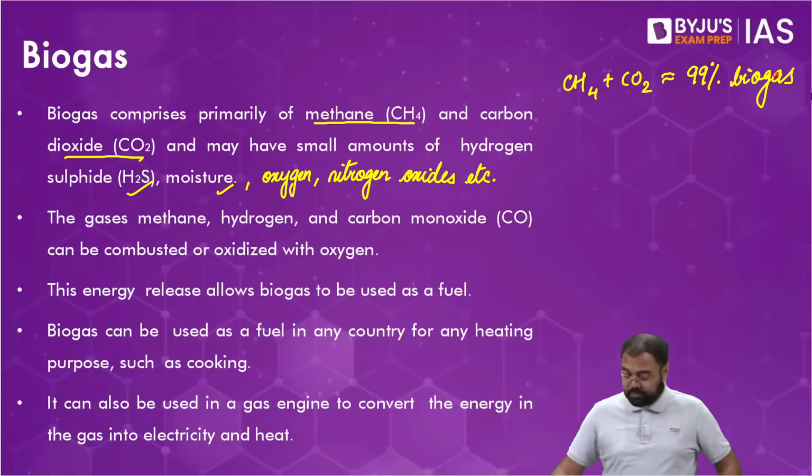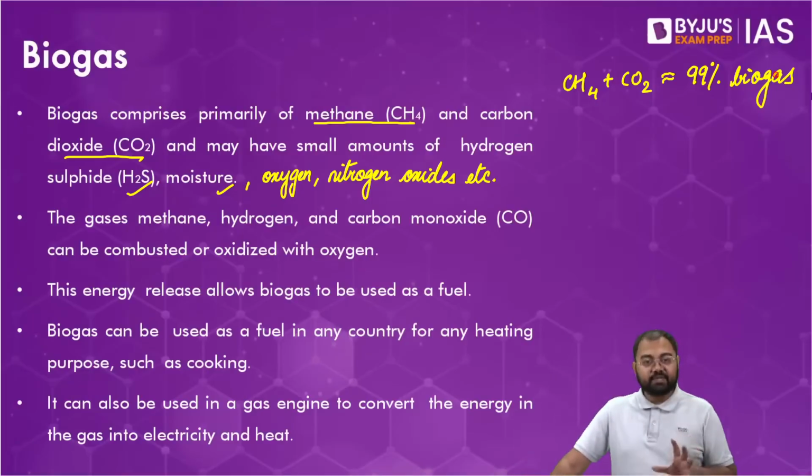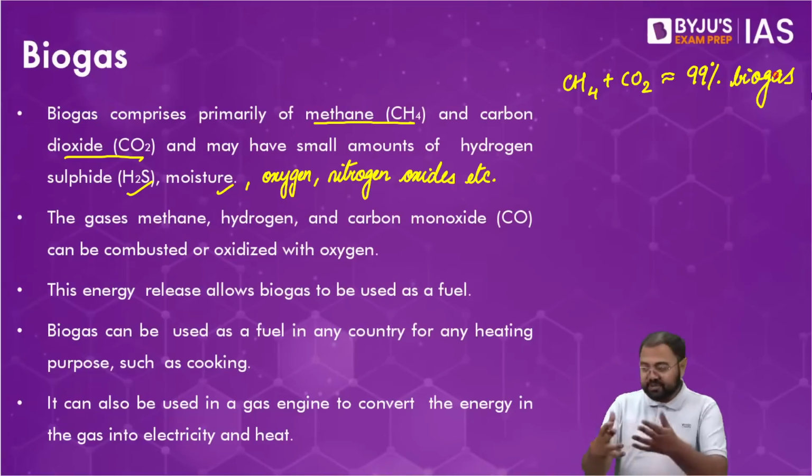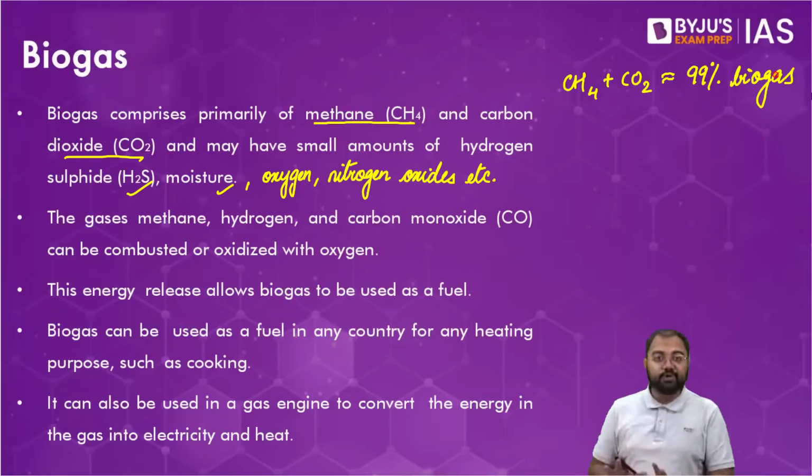The production can happen at a very small scale, and it can also happen at a very large scale. Production can happen for a local community or even a household for that matter.